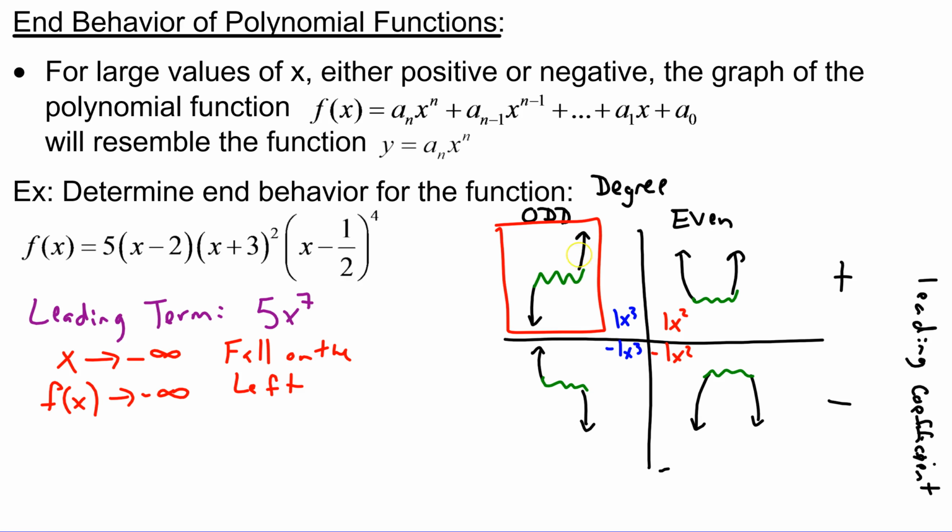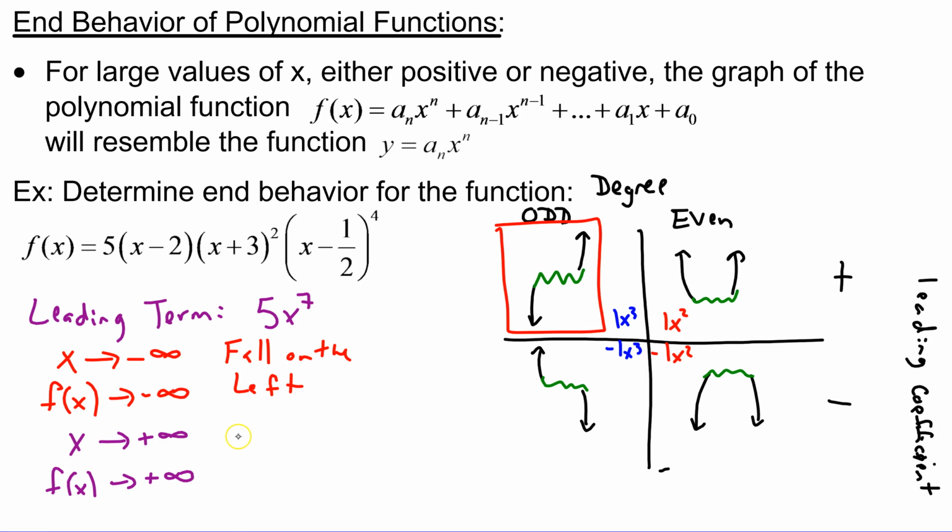Then on the right side, it's increasing. So when x is getting very large positive values or approaching positive infinity, then my y values are also becoming very large positive values. So f of x would approach positive infinity. And again, that's the symbolic way of writing it.